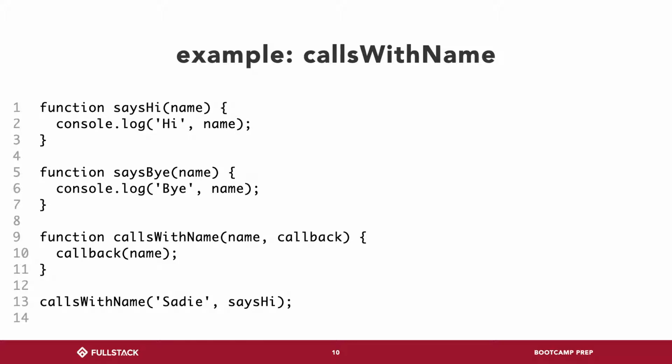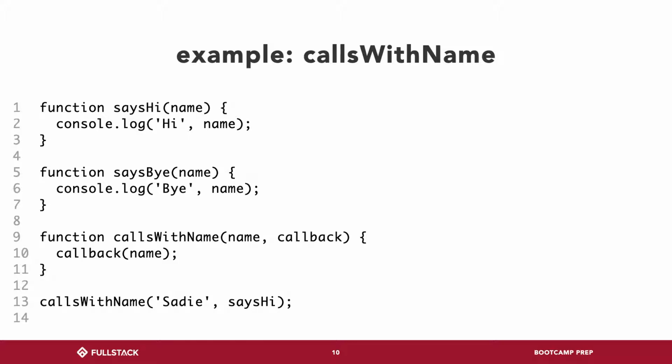These are simple, right? So now we have this other function, calls with name, which takes in a name and a callback. This is just the parameter name, but you remember that a function being thrown into another one is a callback, right? This is the higher order function, and the function that's being thrown in here is the callback. So then, the callback is just going to be invoked with whatever you're throwing into here.